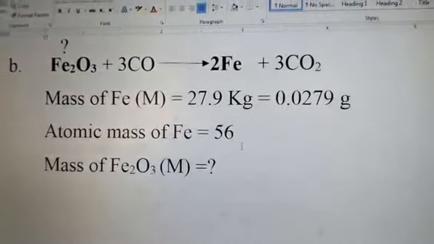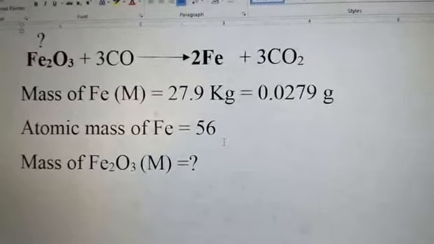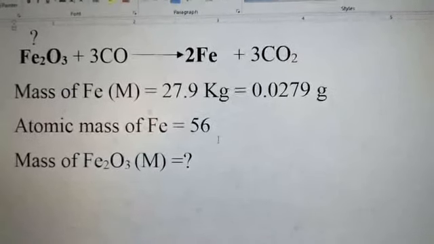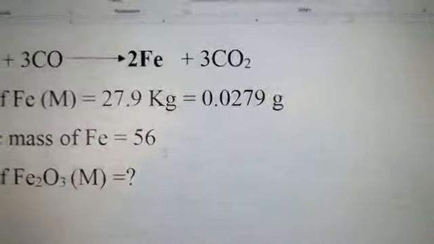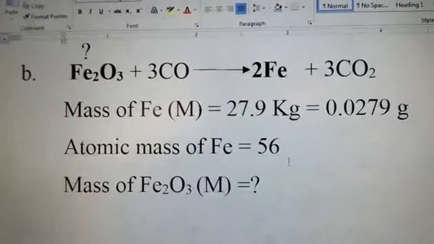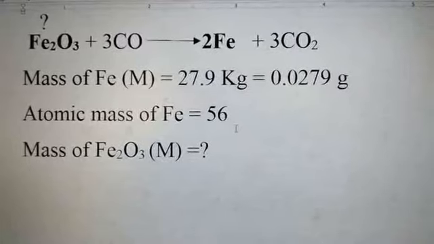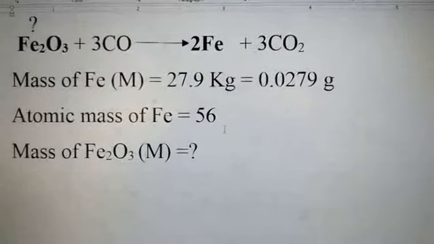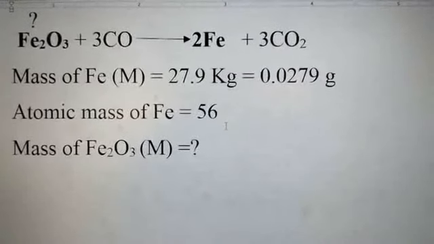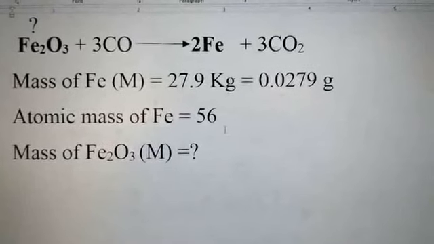Then we connect it to iron, because this time they gave us the mass of iron. The iron is the known, while the iron III oxide is the unknown. The mass of iron is 27.9 kg. But in chemistry, we work with grams because the molar mass is expressed in grams.